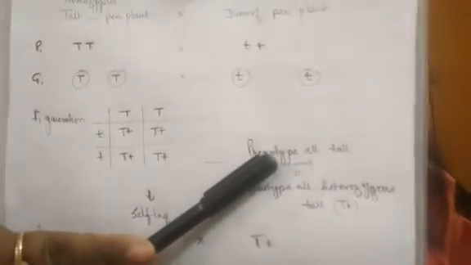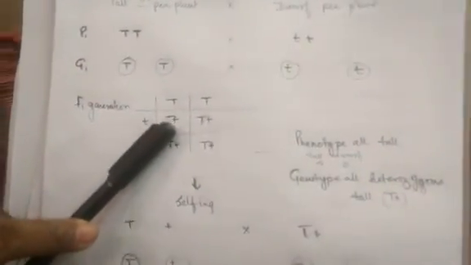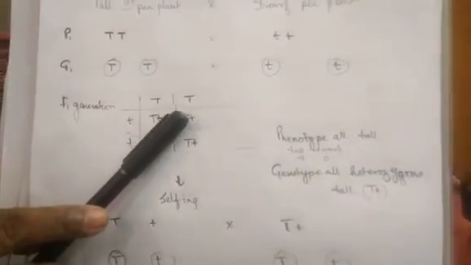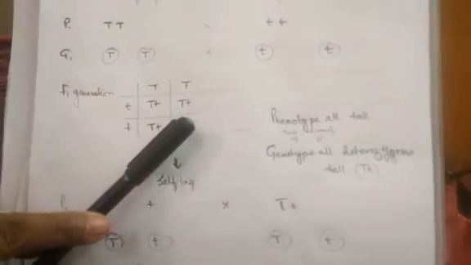So you can see here, in the F1 progeny both are there, but only tall is expressing itself. We have all tall phenotypically because one is expressing, so that is the dominant one. Clear? Which will express is the dominant one. The other remains covered or masked, that is the recessive one.